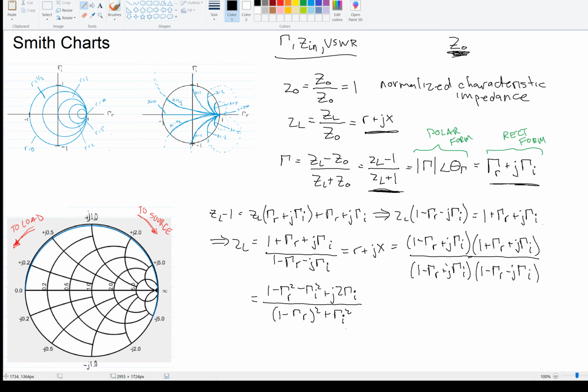Okay? And so now we can see that the only j is right here. So this is the imaginary part, right? And the rest is the real part. So now we can see that r is equal to 1 minus gamma r squared, and so on. So this is the resistive part.